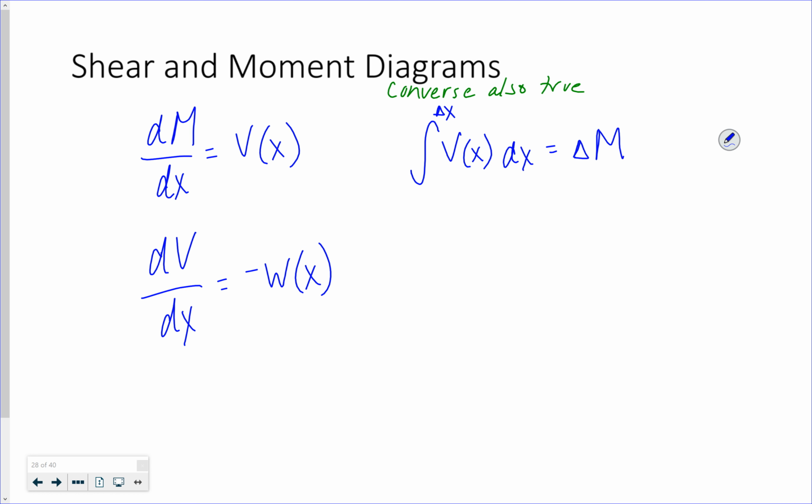So if I find the area under the shear diagram over a certain length, it'll give me the change in moment over that length.